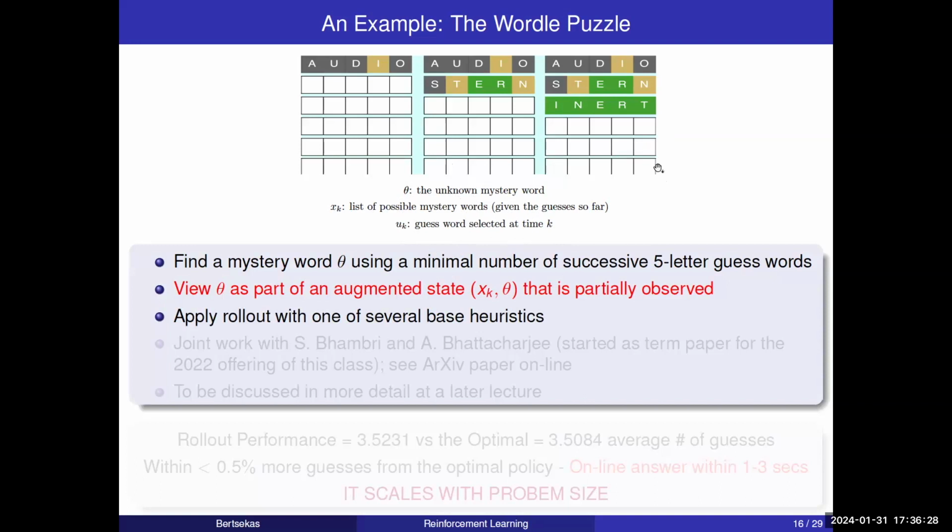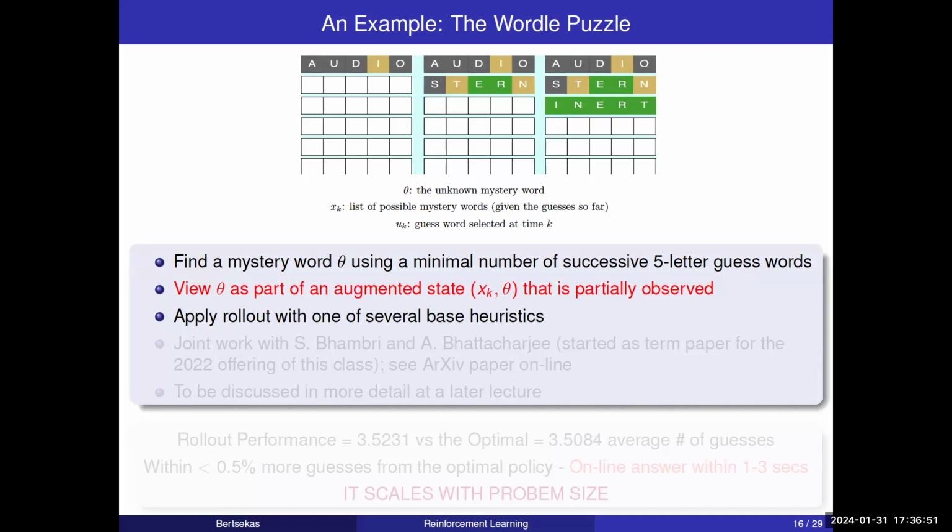Okay, so you have all this feedback that you have gotten from previous guesses, and then you calculate which one of the remaining guesses is the most informative. It has the maximum information gain as calculated by entropy concepts of information theory.